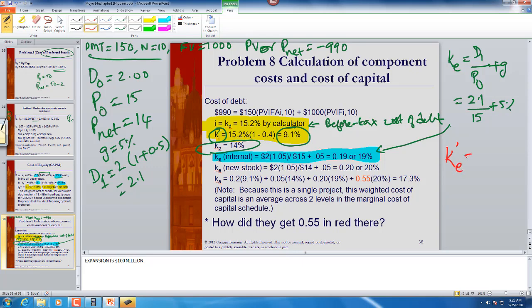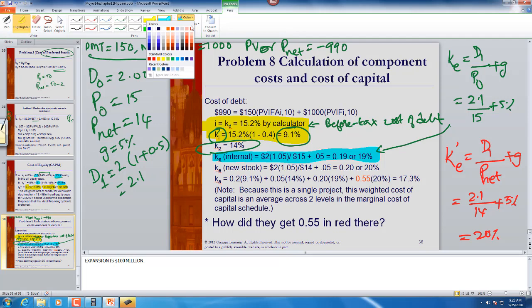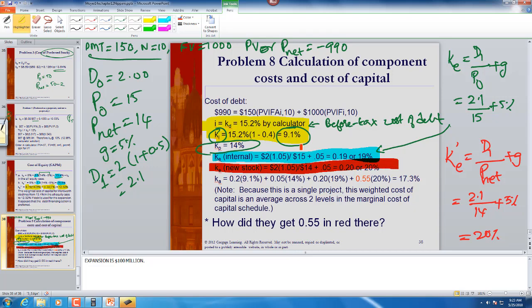That is Ke*, which is D1 by P net, not P0, but P net plus g, which is 2.1 divided by not 15 anymore, but 14, plus 5%, which is 20%, which I'll mark in red.